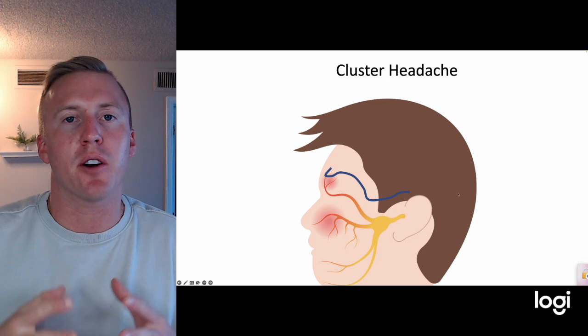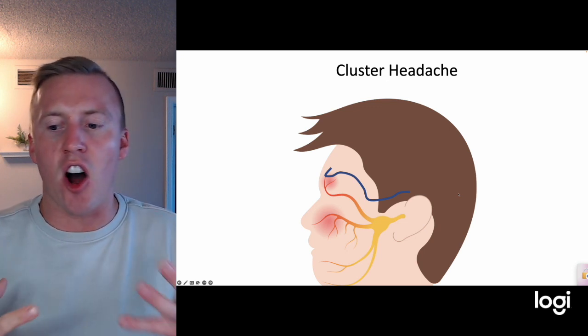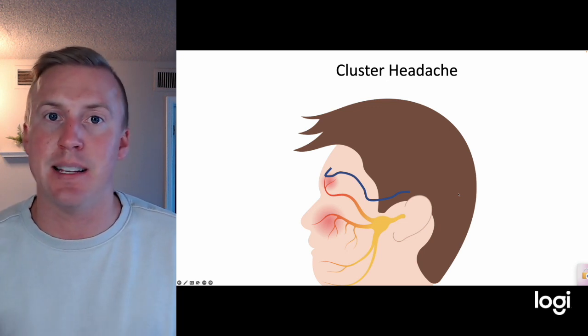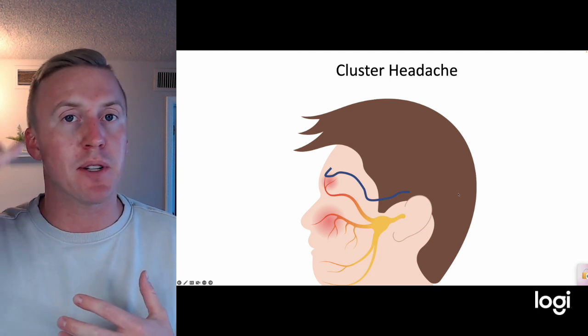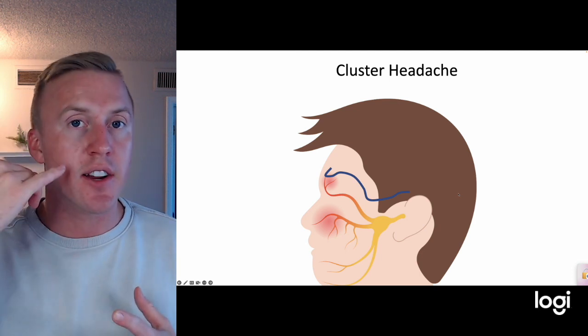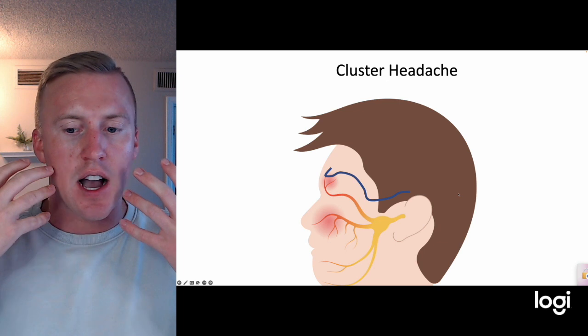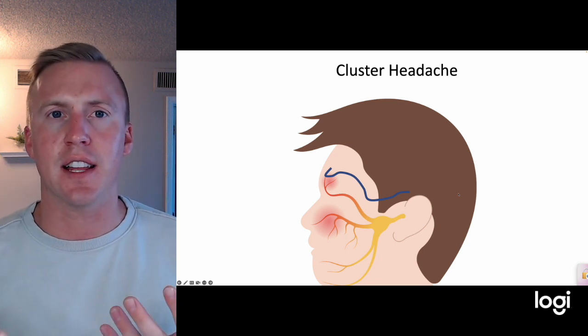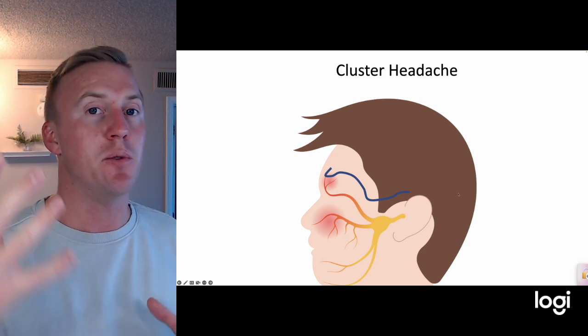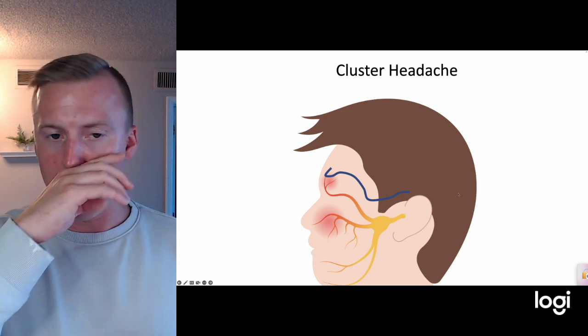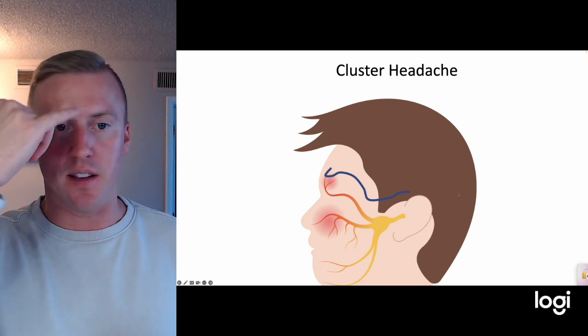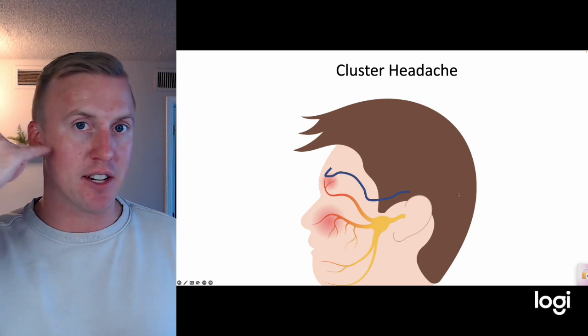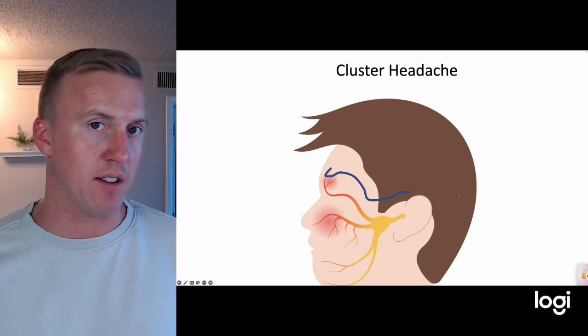So the interesting thing about cluster headaches is they get these autonomic parasympathetic symptoms with it. So that could be ptosis or drooping of the eye, tearing of the eye, increased mucosal congestion and stuff like that. So that is a very unique thing of cluster headaches, which we know might be because of the anatomy here of the ophthalmic nerve and then the parasympathetic nerve running right next to it.